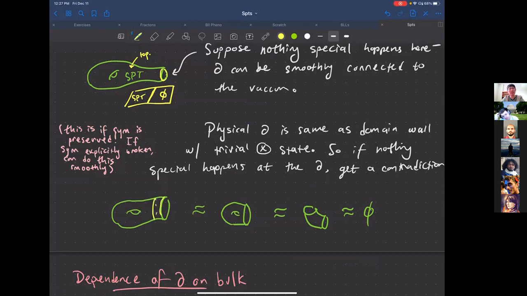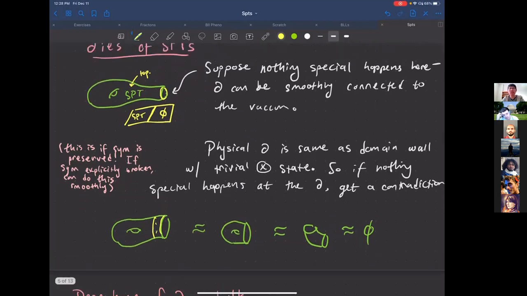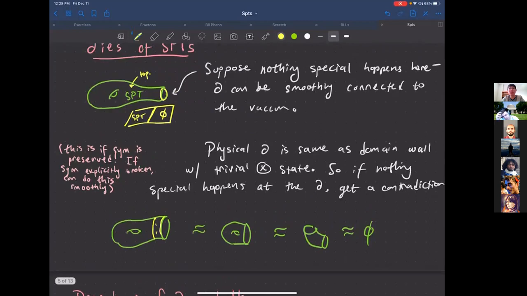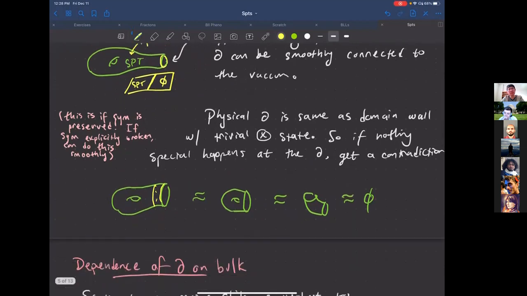So by moving the boundary, I could eat up the entire system and I would be left with nothing. So what this means is that at least if the symmetry is preserved so that the response action of the SPT is meaningful, the boundary has to be something non-trivial. Otherwise, I could eat up the whole system.